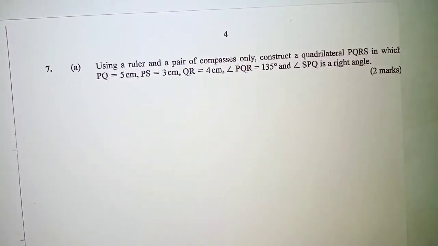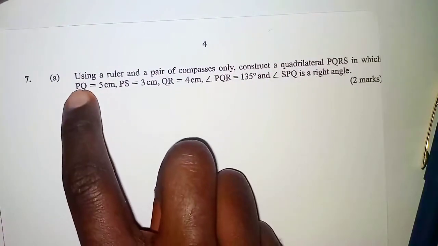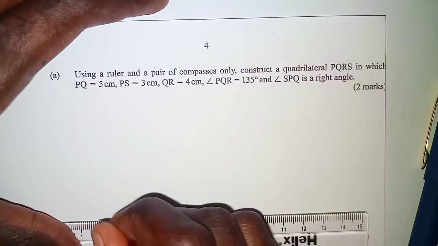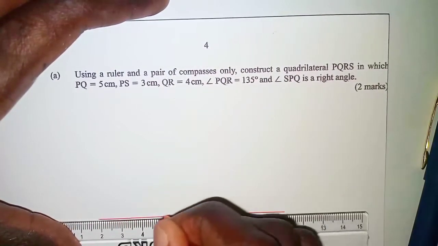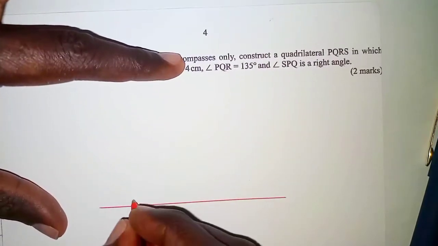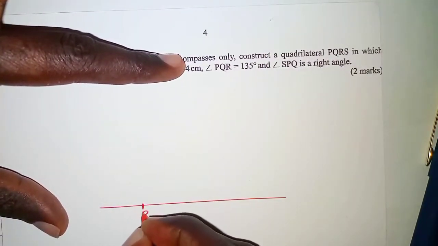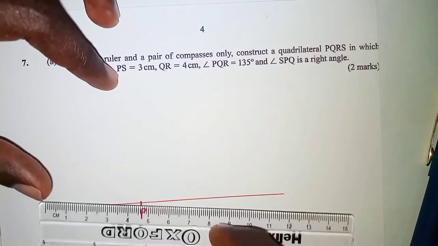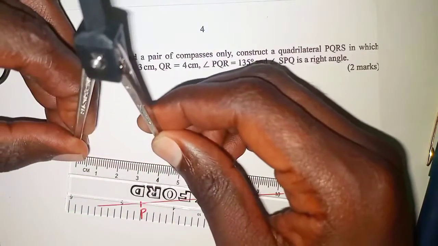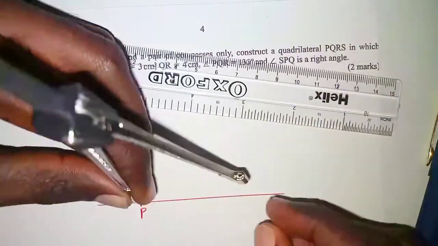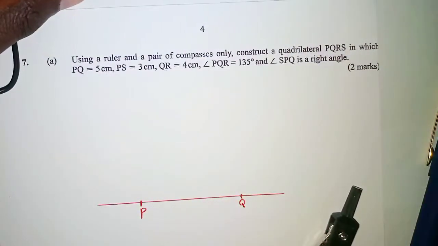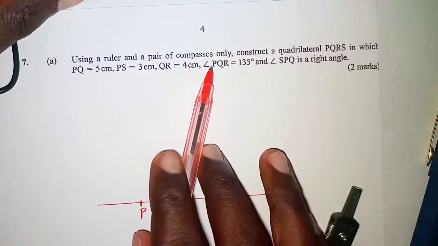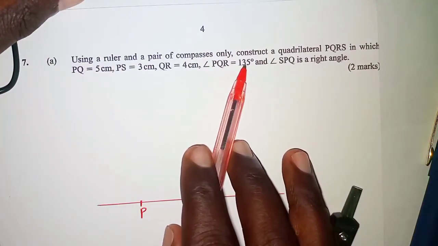So to begin with, we are going to have PQ, which is 5 centimeters, so let's have P at this point, and then we measure 5 centimeters from P to locate the position of Q. The next thing we're told, PS is 3 centimeters, QR is 4 centimeters, and PQR is 135 degrees.